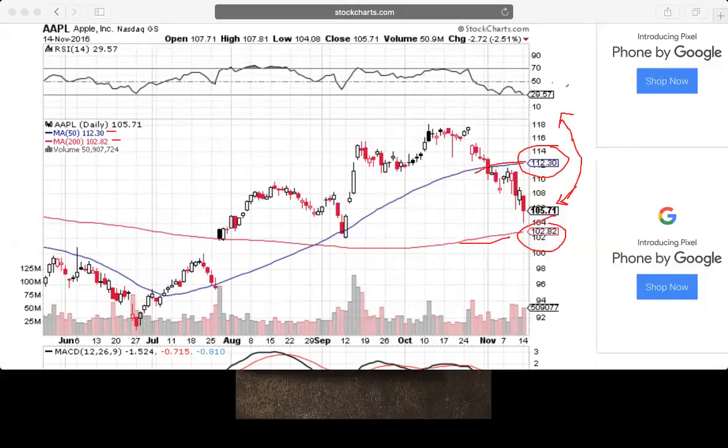It's a bull signal. Doesn't mean to buy or sell it. It's just a bullish signal. Conversely, if the stock price is below these two numbers, it's a bear signal. That would mean the stock price is currently underperforming the short and the long term. Okay, so this would be bearish if it was down here.